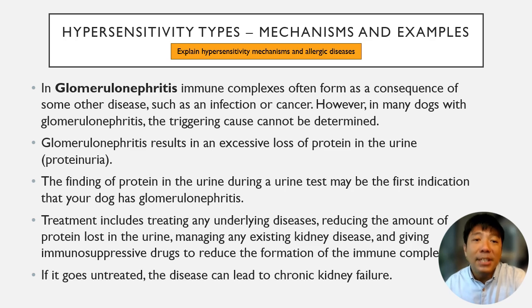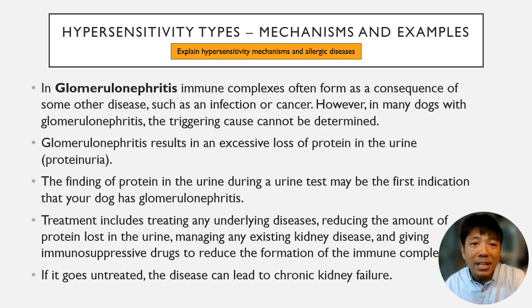Glomerulonephritis is a condition very commonly seen in dogs, when immune complexes form in the glomeruli, which causes inflammation, leading to protein loss in the urine, which we call proteinuria. This condition can arise due to infection or cancer, but sometimes the cause remains unidentified.